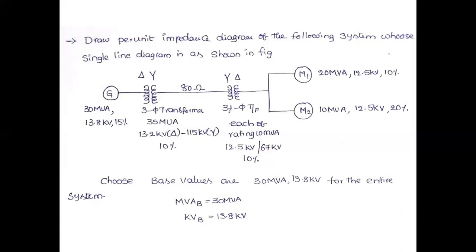But when we come to the second transformer, it is made up of three single phase transformers. The connection of three single phase transformers is completely different from a three phase transformer. Please remember this point, right? Each single phase transformer has a rating of 10 MVA, and the voltage is 12.5 kV and 67 kV.